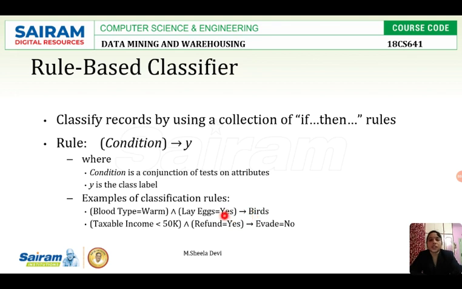If the set of conditions is satisfied, then it belongs to the classification or category called birds. If these two conditions, taxable income is less than 50,000 and refund is yes, are satisfied, then evasion is no. So he is under the classification no evasion.